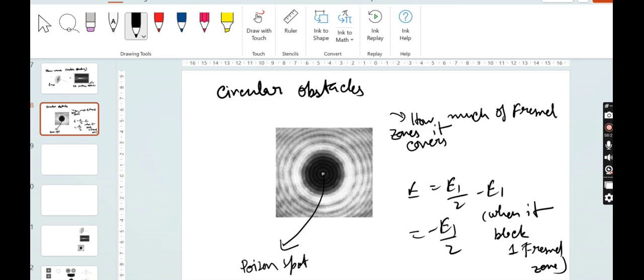So this is the irradiance on the central axis, generally only slightly less than the unobstructed case. There is a bright spot everywhere along the central axis, except immediately behind the circular obstacle, and that is called the Poisson spot. And the existence of the Poisson spot was a very big blow to the particle theory.